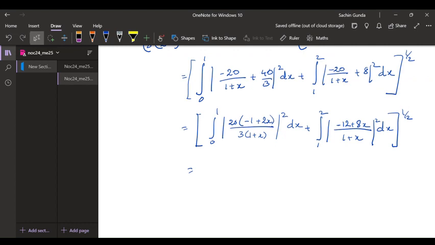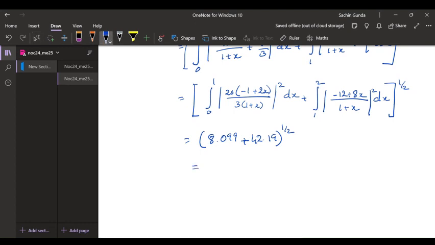So we got the first expression value as 8.099 and the second integral as 42.19, and we have a square root over this, which is nothing but roughly 50.3 square root. Let me just calculate the value and write it here.